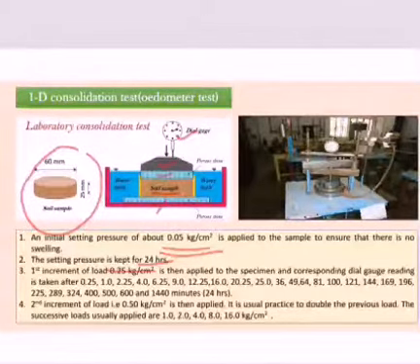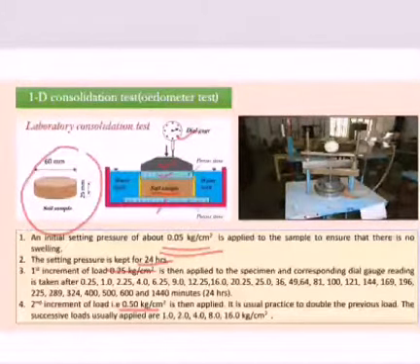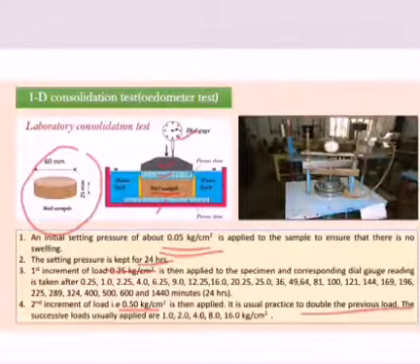After that, the second increment of load, that is 0.5 kg per centimeter square, is applied. It is usually practiced to double the previous load.